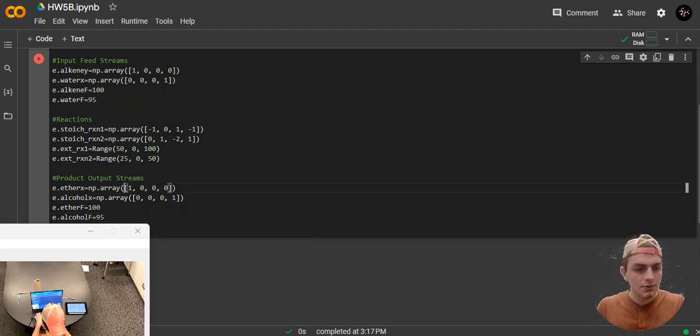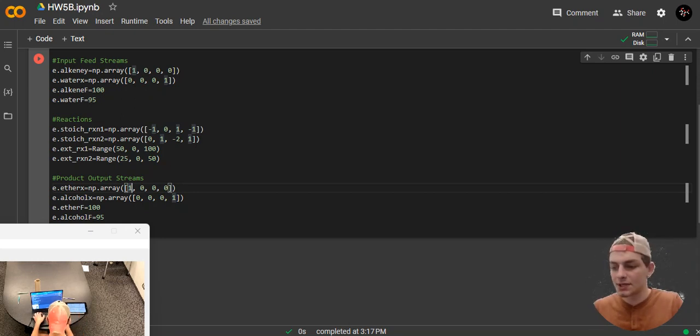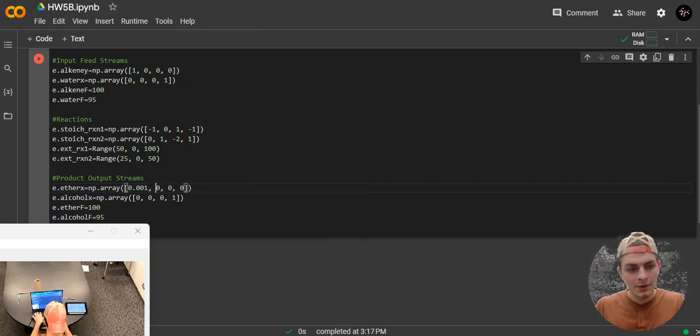And so to start with our ether, we are actually given the mole fractions of these two streams. So the ether is 0.001 for the propylene, 0.9 for the ether, 0.09 for the alcohol, and 0.01 for the water.